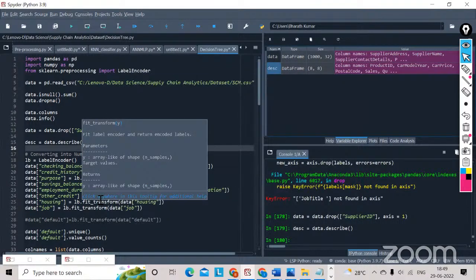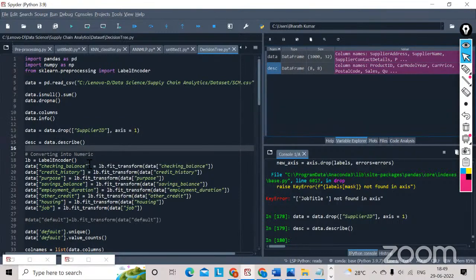Now I want to convert the features into numeric values, categories into categories. So these are a few.